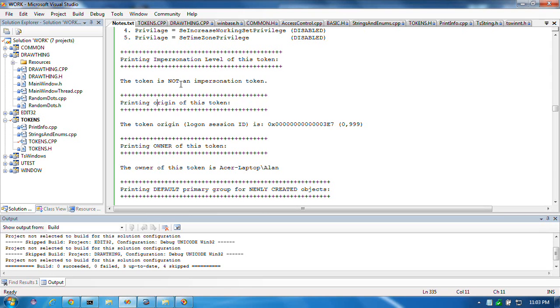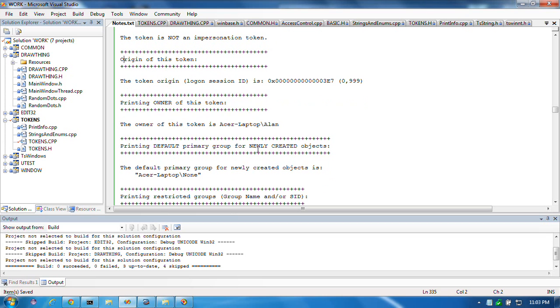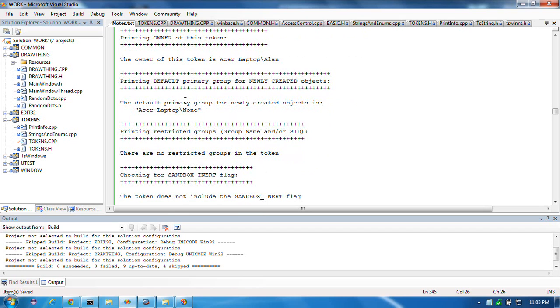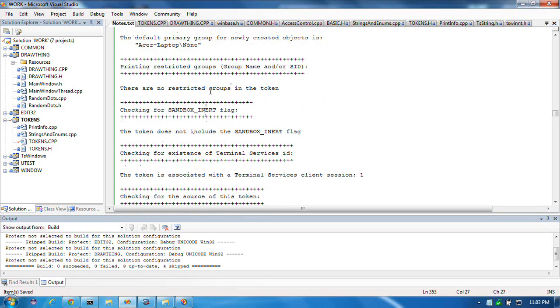So it should just say origin of token, which is called a logon session ID, happens to be this great big number, 999. This part makes sense. As I said before, default primary group is None.